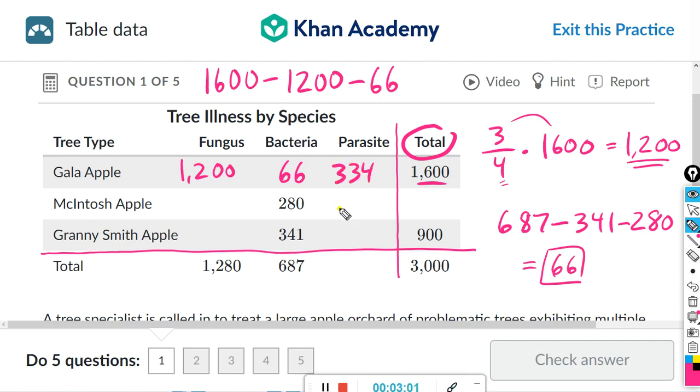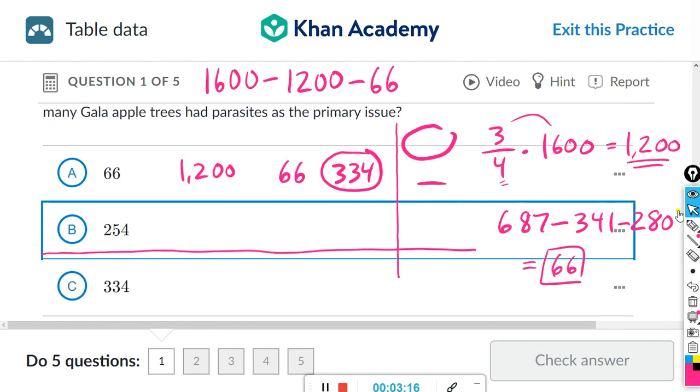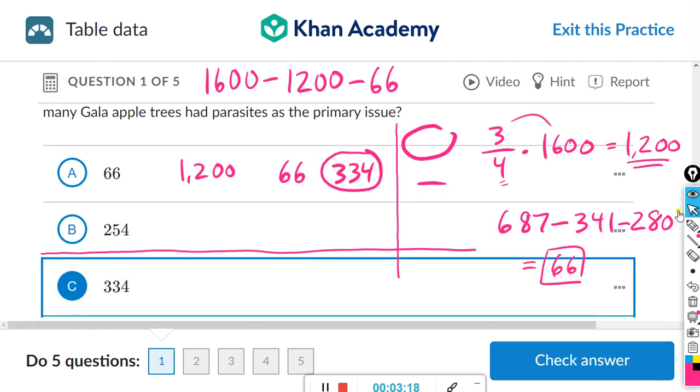All right, so that should be correct. 334 plus 66 is 400, plus 1,200 is 1,600. So there you go. 334. And let's see, it is multiple choice, so 334.